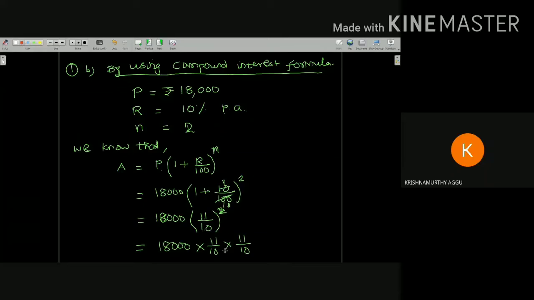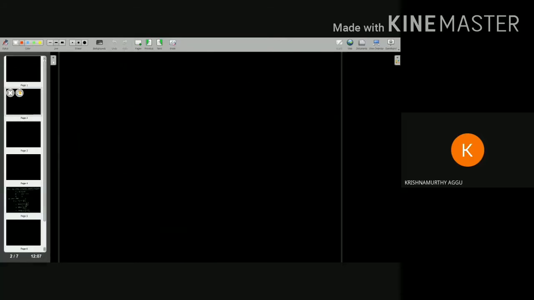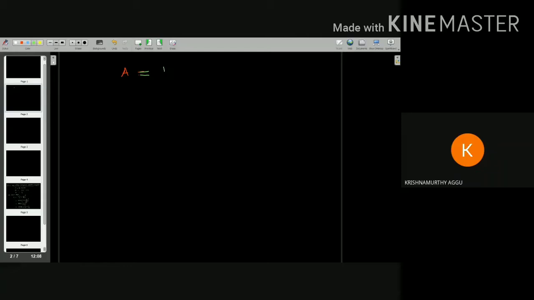After cancellation, this 0 with this 0, and this 0 with this 0, 180 into 11 is left with us. Going to the next page. Amount is equal to 180 into 11 into 11.